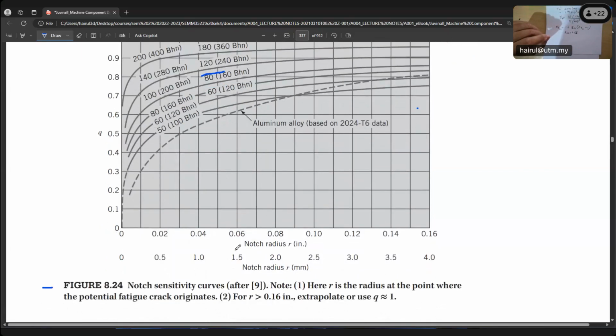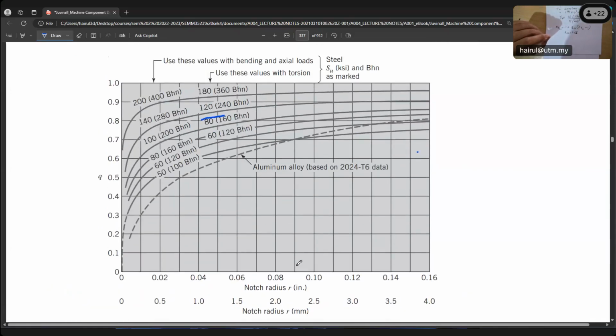Okay, remember that this is value of our SUT in KSI, right? Remember our SUT is 638 MPa. Remember from table is 93.5. Betul lah kelas? Tadi kan? 92.5. So this is 180, this is 120, this is 80. So somewhere here lah the curve 90. 90 is somewhere like this. Okay, and our notch tadi radius is 2, right? 2 millimeter.